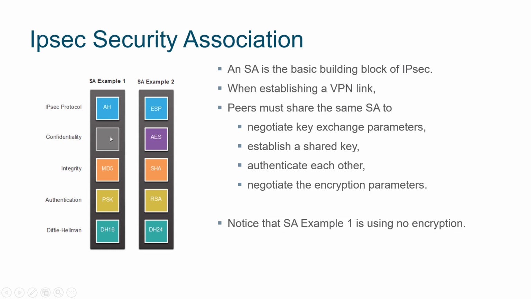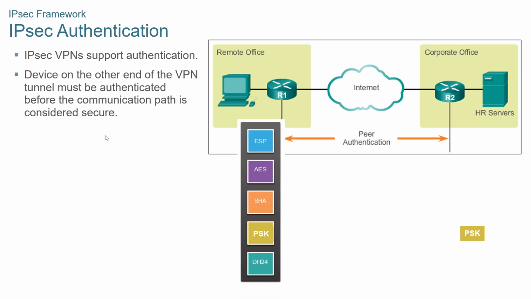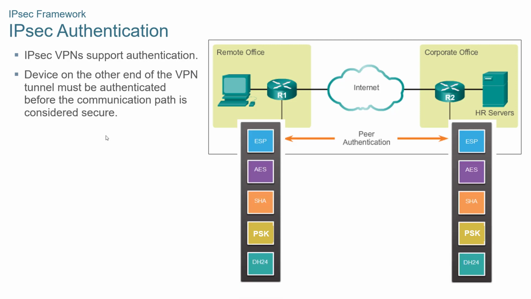Initially, we've got to start out with IPsec VPN and authenticating my source and destination. The device on the other end of the VPN tunnel must be authenticated before I initiate a communication path. Remember, what we do on one side, we have to do on the other side.